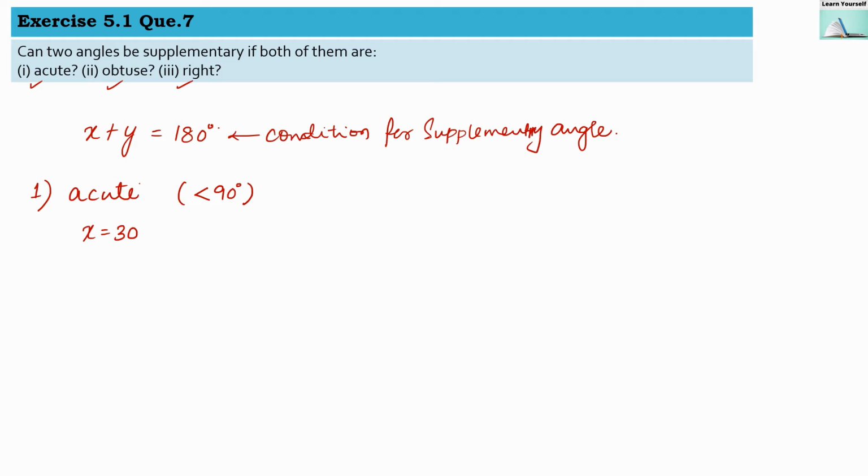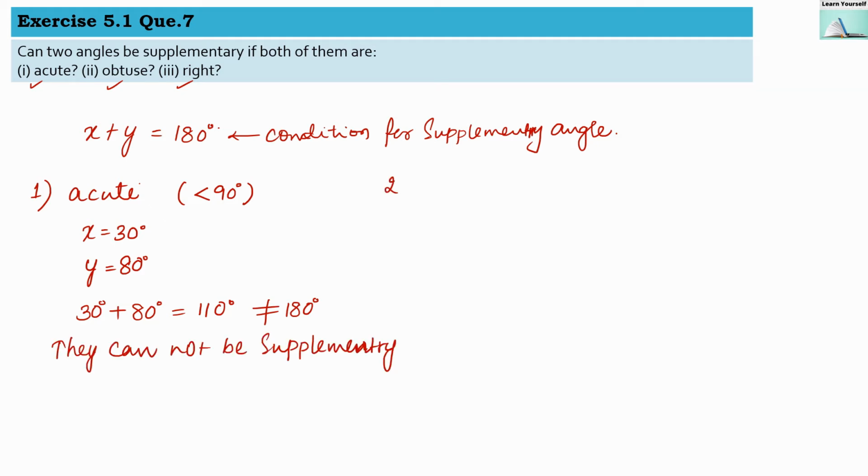So x is 30 degrees and y is 80 degrees. If we take these measures, then 30 degrees plus 80 degrees gives us 110 degrees, and it is not 180 degrees, so they cannot be supplementary. So if they both are acute, then these angles are not supplementary.